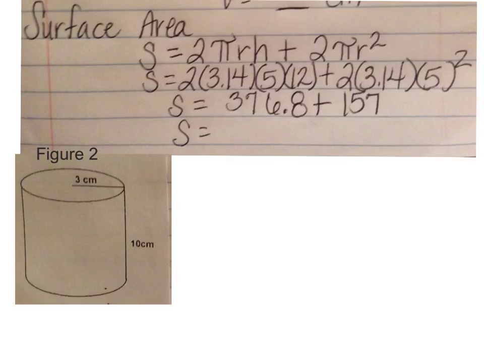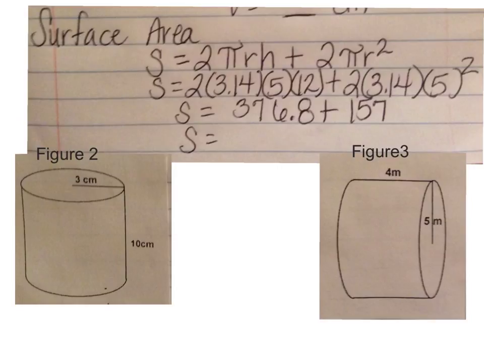You should have 2 other figures. Here's figure 2, and there should be another figure, and I'll put that in there. So now you have a picture of figure 2 right here and figure 3.